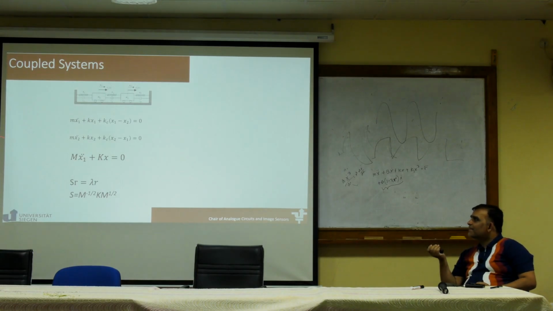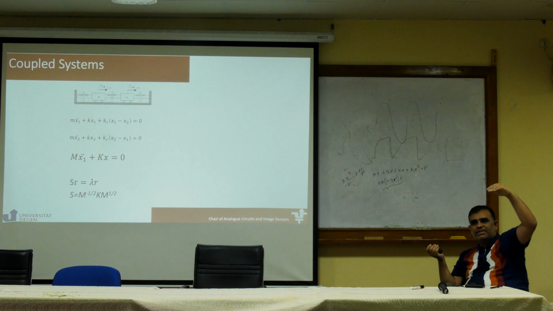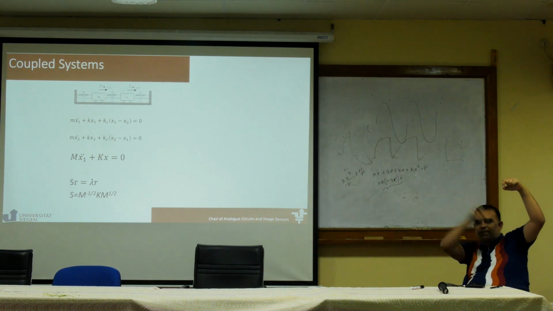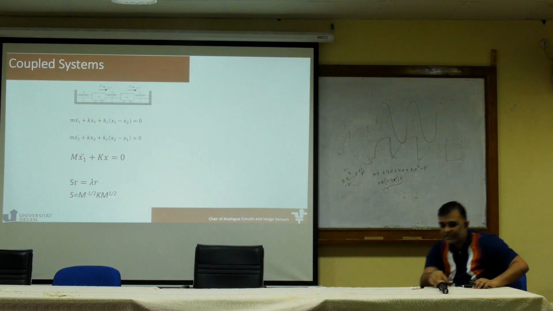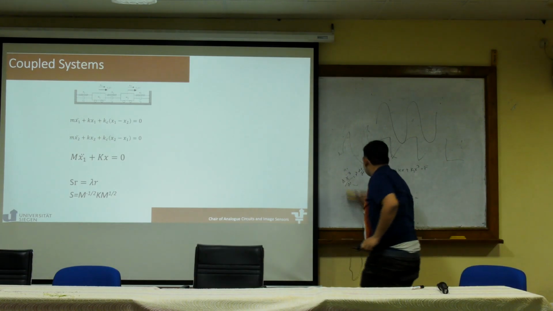If I write this in matrix form, I can write a mass matrix M where just m1 and m2 are on the diagonal. There is nothing on the off diagonal term. And I can write K as a stiffness matrix. So the stiffness matrix will be of this type.